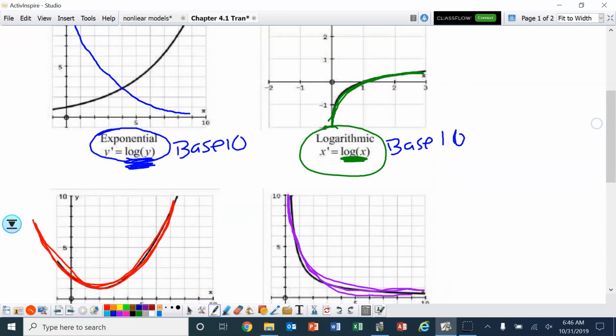Also, instead of taking the log of something, you could do the natural log. So like in this case, it would be the natural log of y. It's going to get you the exact same results. It's just the numbers are going to be a little bit different, but you're going to get the exact same answer. So you don't have to check both of them.